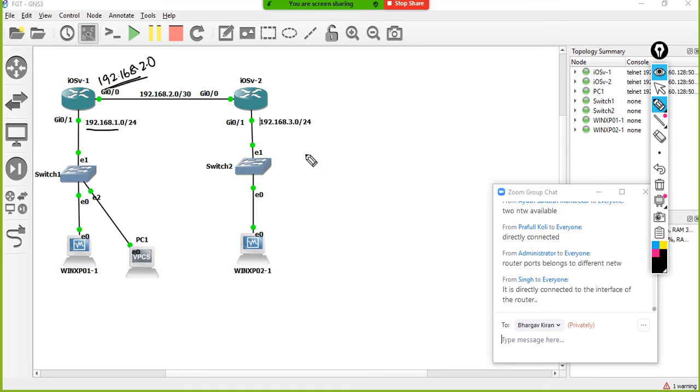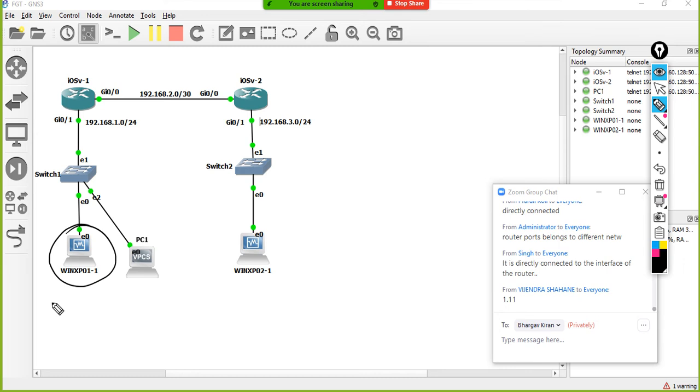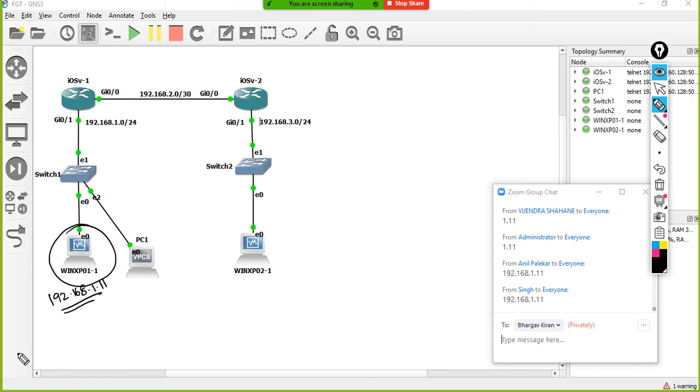Now I just want to ask you one question, guys. I am here on the Windows XP computer. What's the IP address of this? Type it for me quickly. 192.168.1.11. Can I ping 192.168.1.1? I'm not confusing you, I'm just asking.